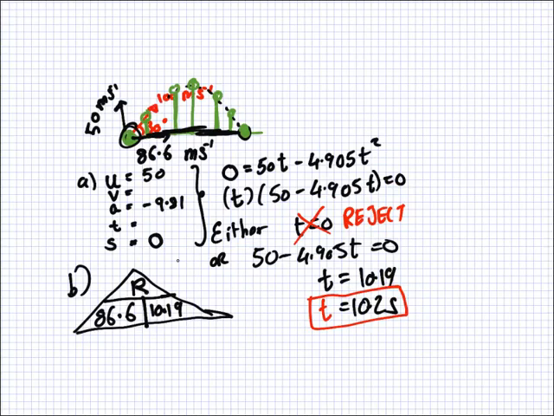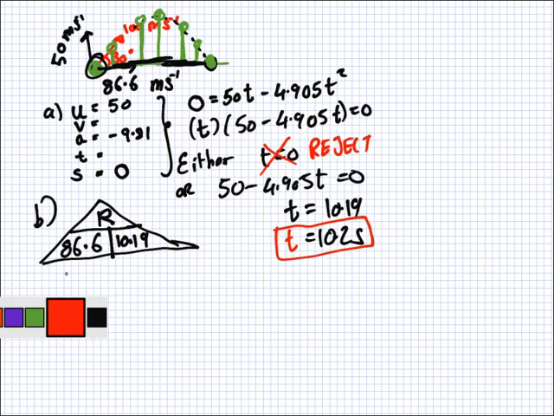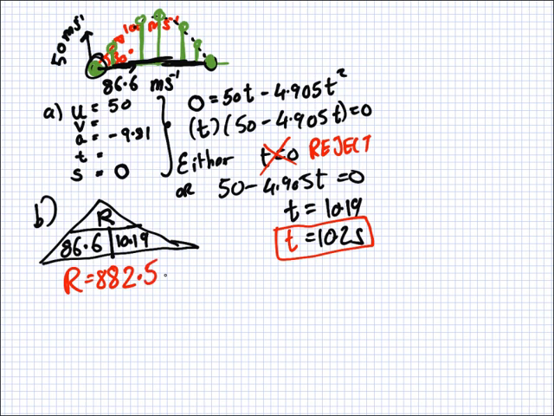So what do we get for the range? 882.45. So that's 882. Well, you said it was 4.5, didn't you? Yeah, so that's 882 meters.